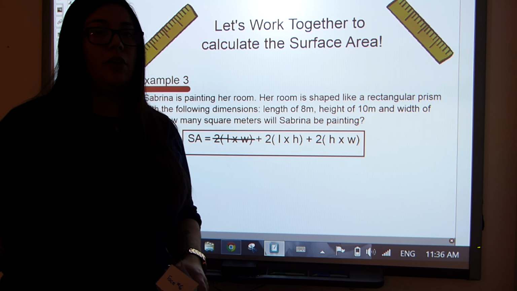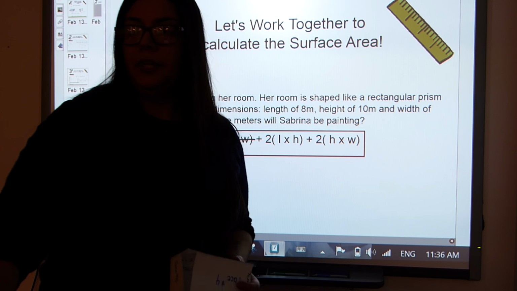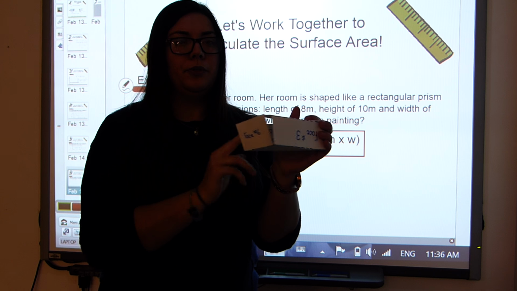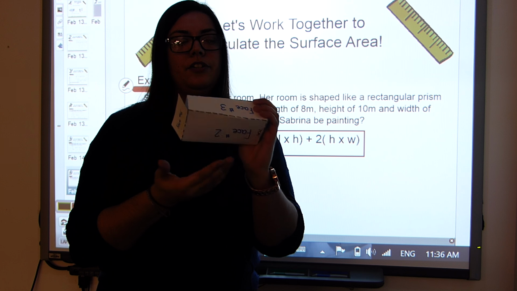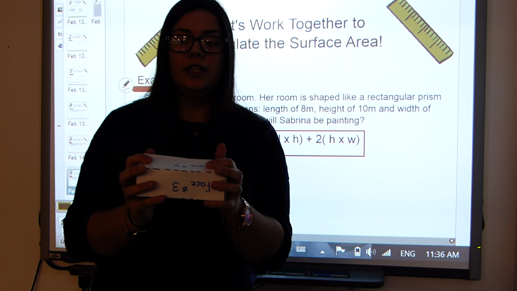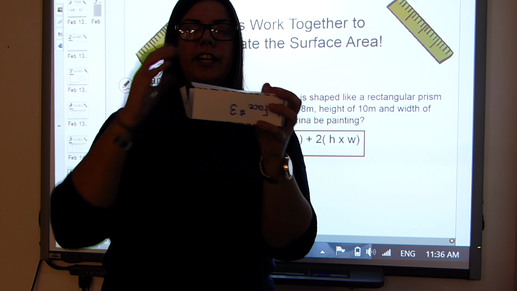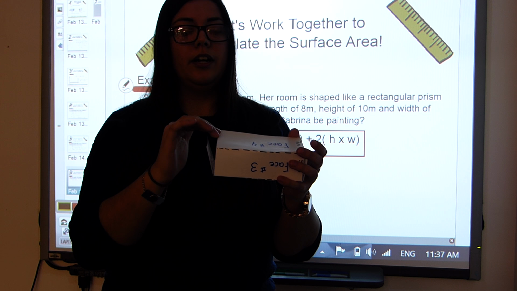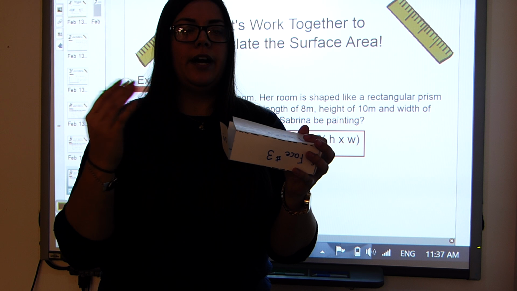Okay, so does that make sense? I'll go over it again. So Sabrina's just painting the walls of her room. She's not painting the ceiling, and she's not painting the floor. The ceiling and the floor are like a normal rectangle. There's a base, and there's a length, width, but there's no height.